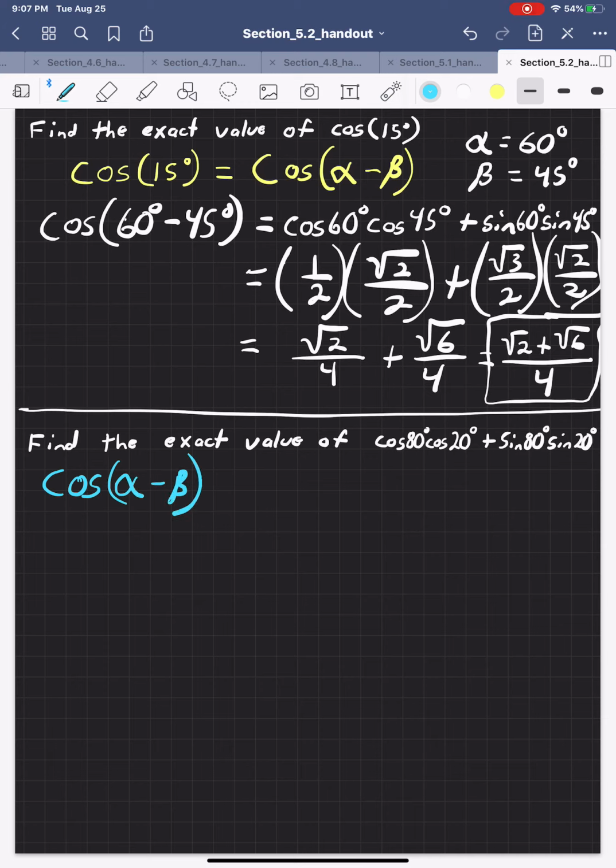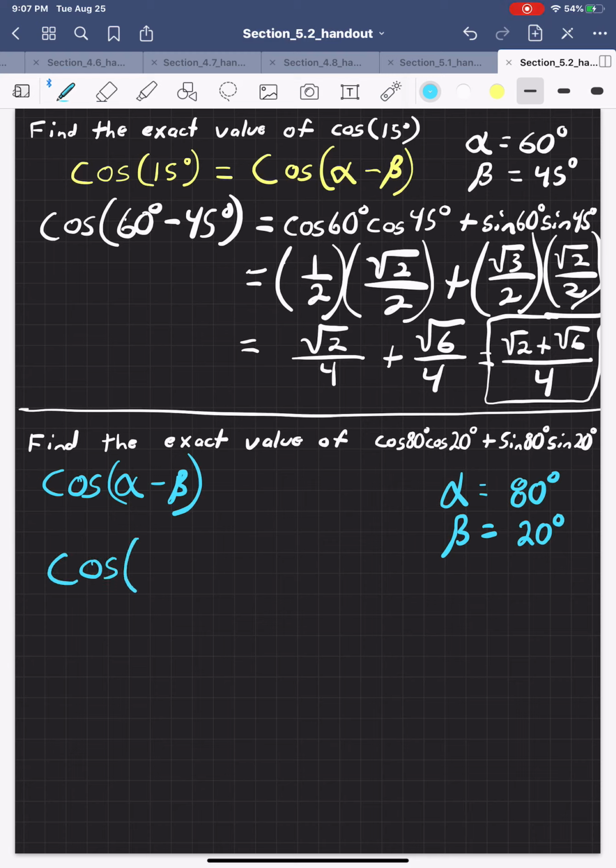Okay, so at this stage, let's just determine what is alpha and what is angle beta. In this case, alpha would be 80 degrees and beta would be 20 degrees. So let's plug those in.